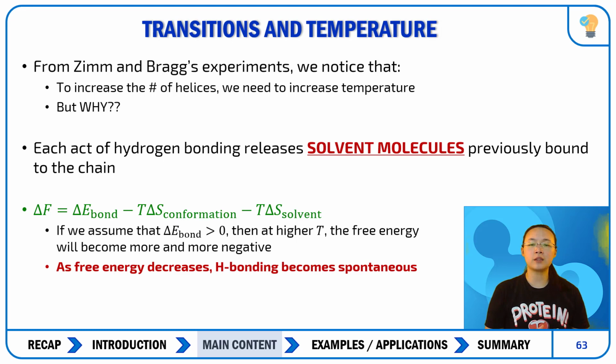If we assume that the change in bond energy is greater than 0, it means that at a higher temperature, the free energy will become more and more negative. So as free energy decreases, hydrogen bonding is going to become more and more spontaneous. So that's why you have that sharp increase in your curve.